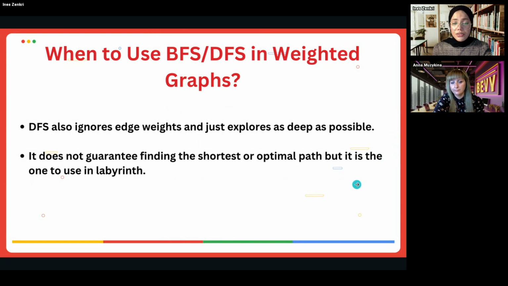And it does not guarantee finding the shortest path or the optimal one. But it's used just for the sake of finding a path, finding a way out, and it's basically used in a labyrinth. So when we are in a labyrinth or maze and we just want to find a way out, to escape, we just use the DFS. It's the best way to have a fast solution, but not an optimal one.